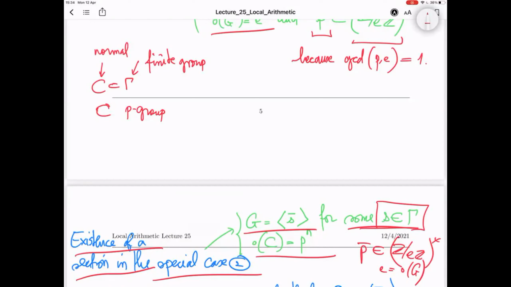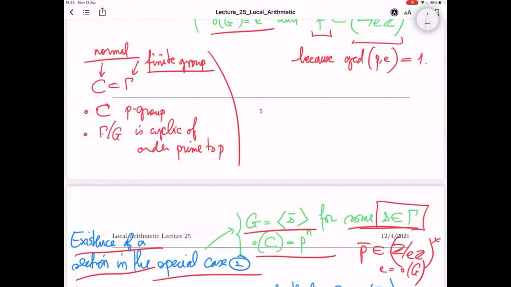So the hypotheses are that gamma is a finite group, C is a normal subgroup, C is a P group, and gamma modulo C is cyclic of order prime to P. These are the hypotheses.